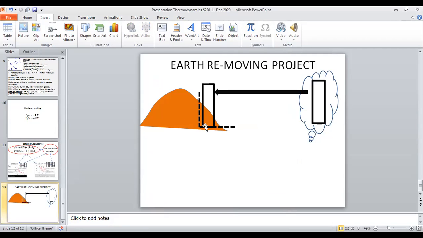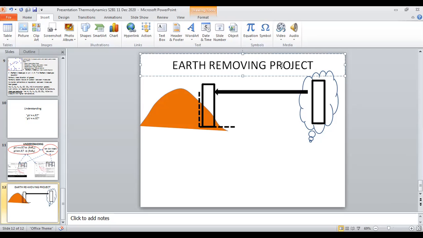You have to remove a huge quantity of earth here. You have to move this earth. I will take this removing. So to build this one, you have to remove the earth.